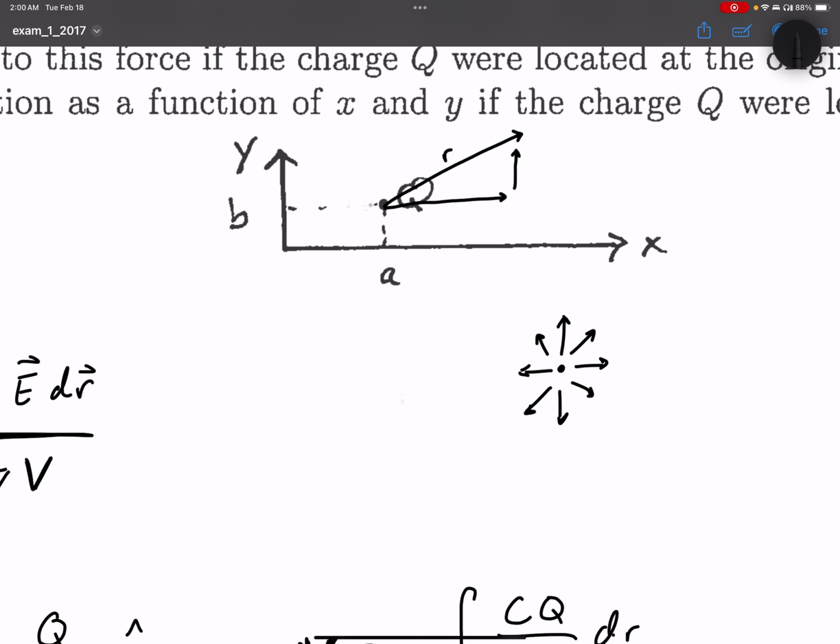So this is r, and we're at some value of x and some value of y. Here's the value of y, and here's the value of x for these.